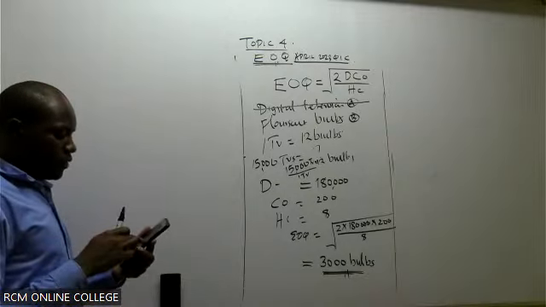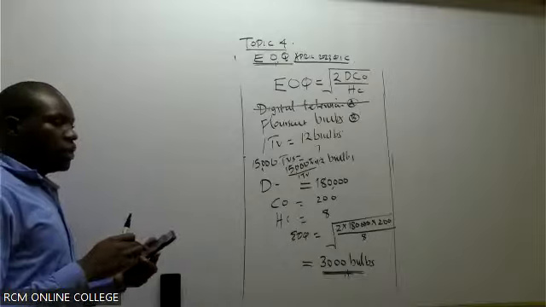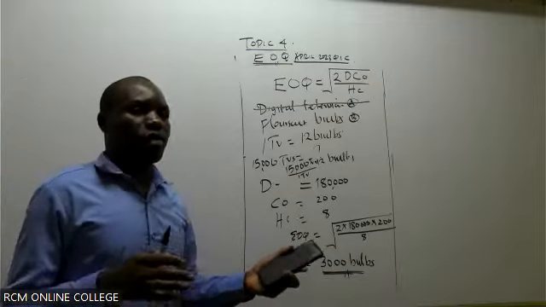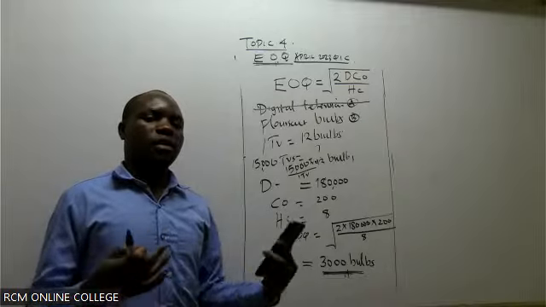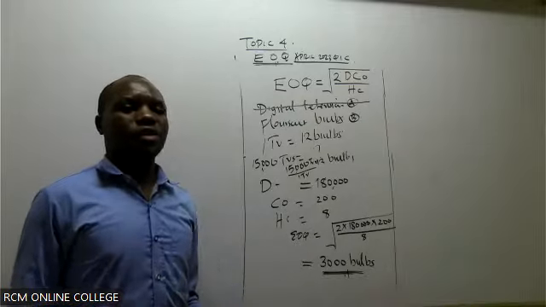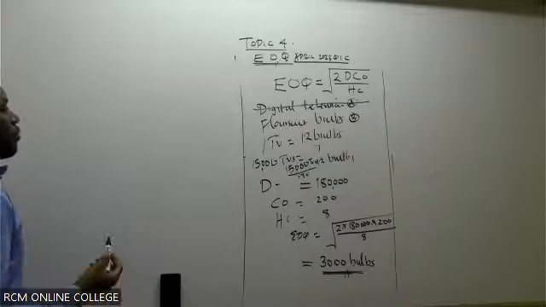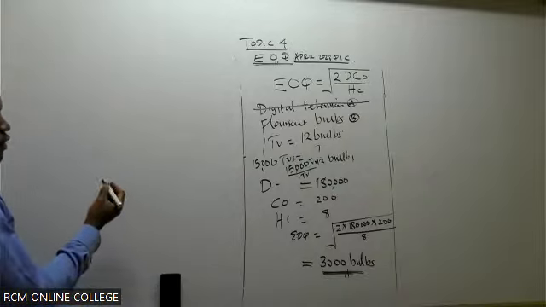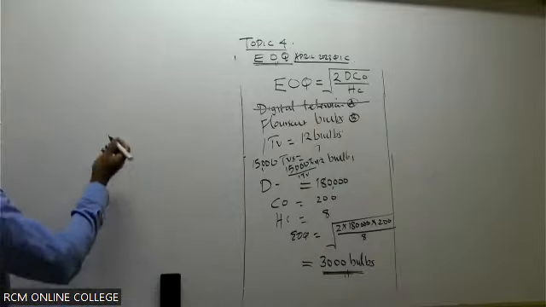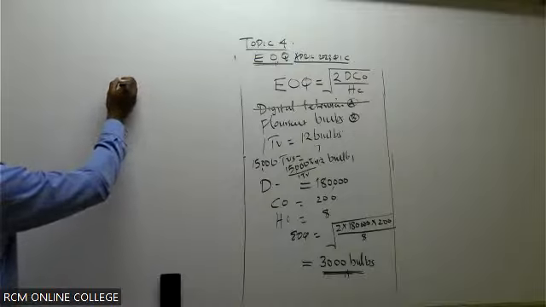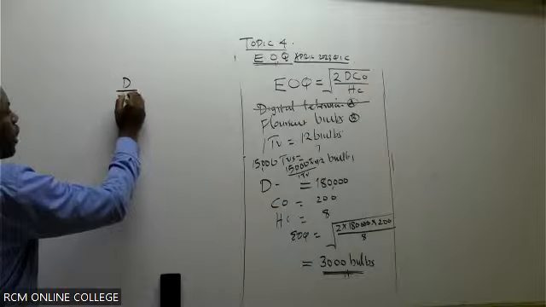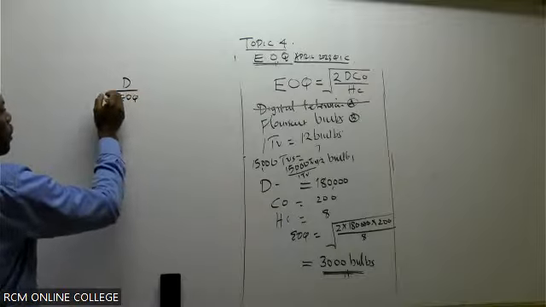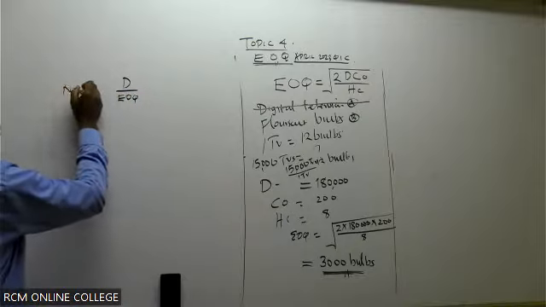The number of times per year, not number of orders, the frequency of coming up with this particular order. So how do we get number of orders? It is equivalent to demand over economic order quantity. That is number of orders.